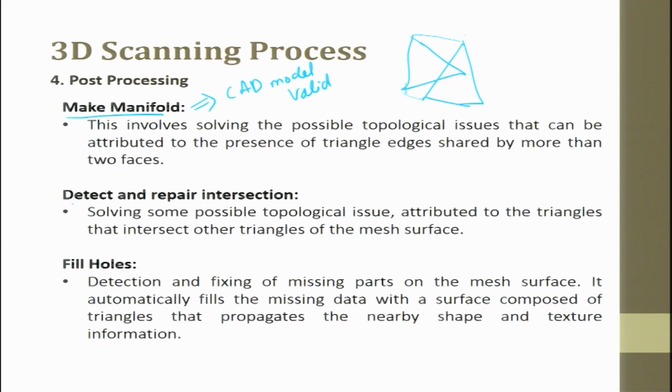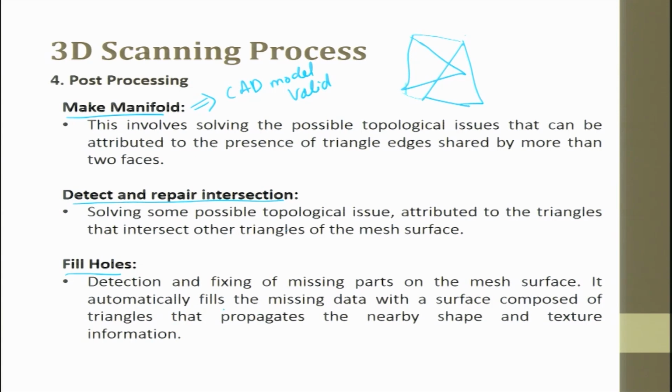The other thing is detection and repair of intersecting meshes or triangles, solving some possible topological issues attributed to the triangles that intersect other triangles of the mesh surface. This is also one of the post processing operations. Then filling up holes, detection and fixing of missing parts on the mesh surface.